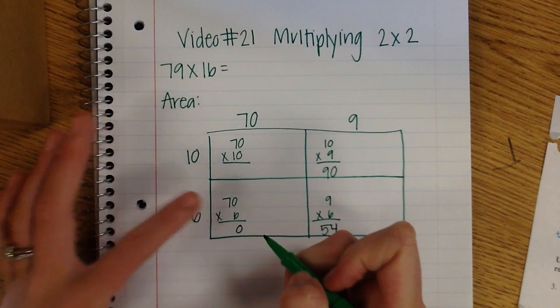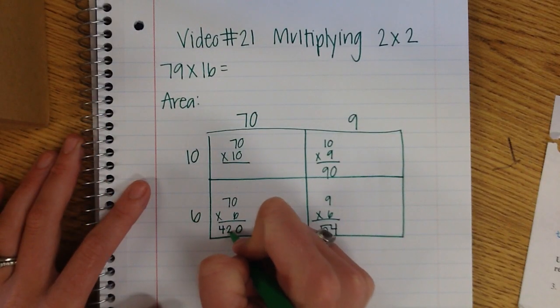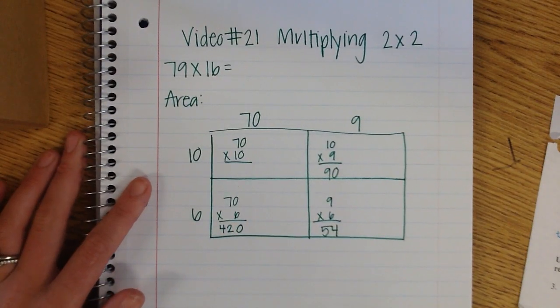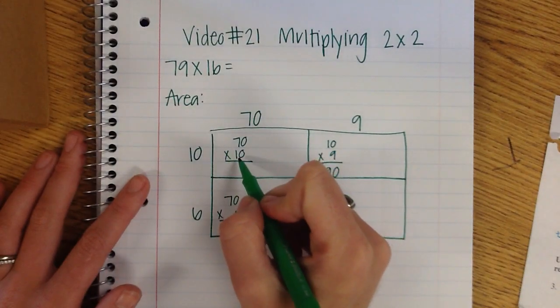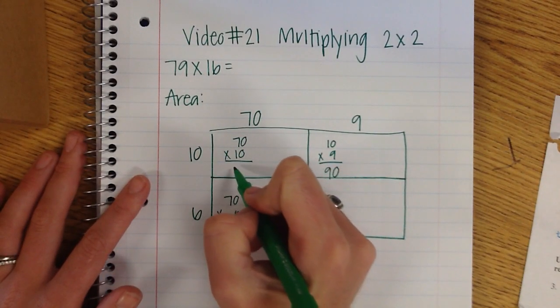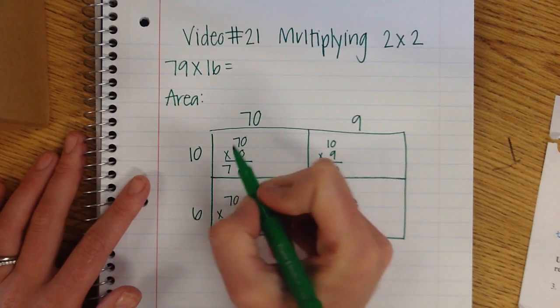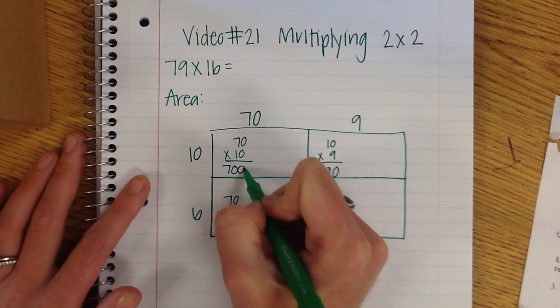And then 6 times 7 equals 42. Okay. So now what I'm going to do is 7 times 1, and I get 7, and then I have 2 zeros. It's from the power of 10. I'm going to put 2 zeros.